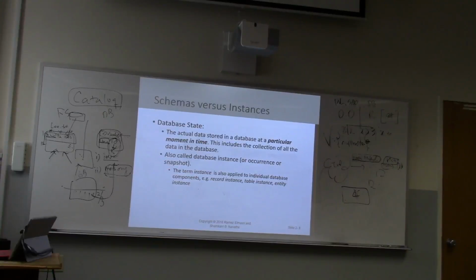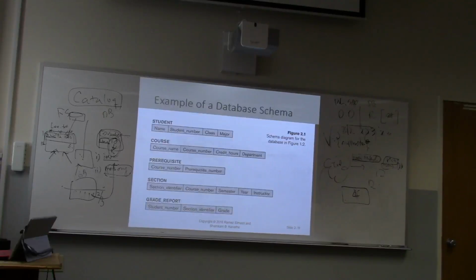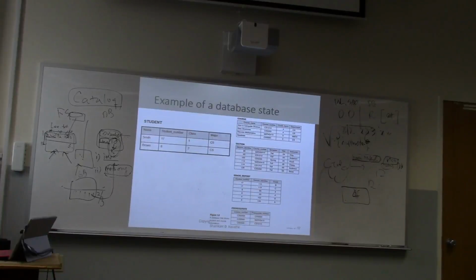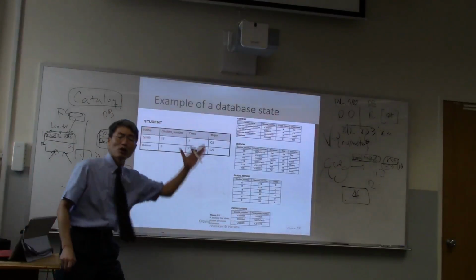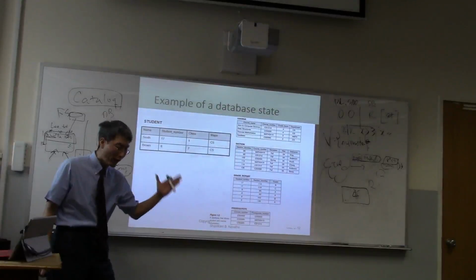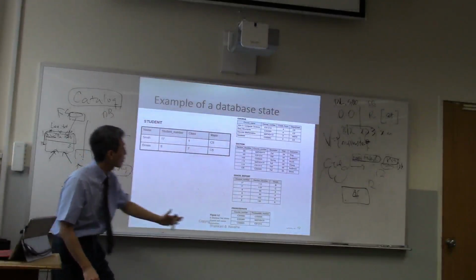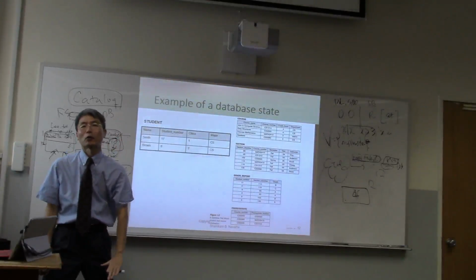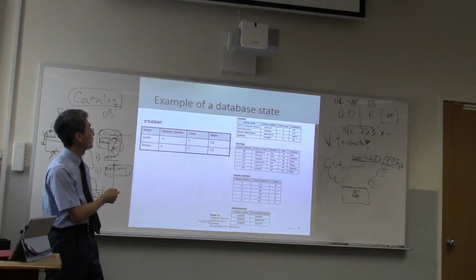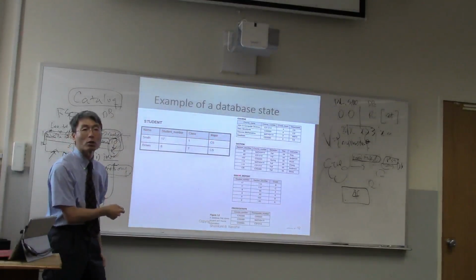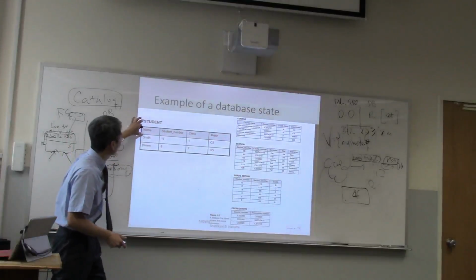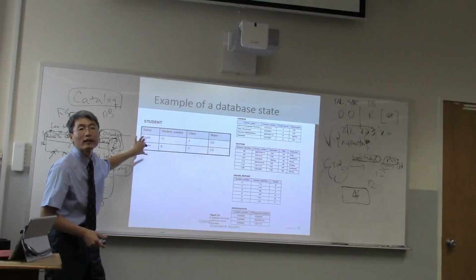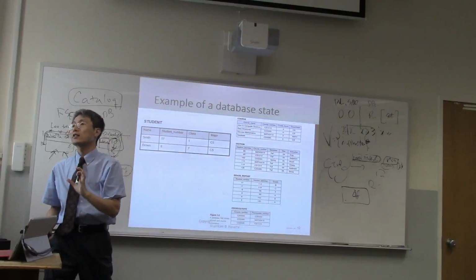Database state means, at a certain time, for example, in this case, right now, the status of our database. It has a schema, right? Student has name, student number, class, major, and so on. Also, in addition to the schema, we have real data instances.